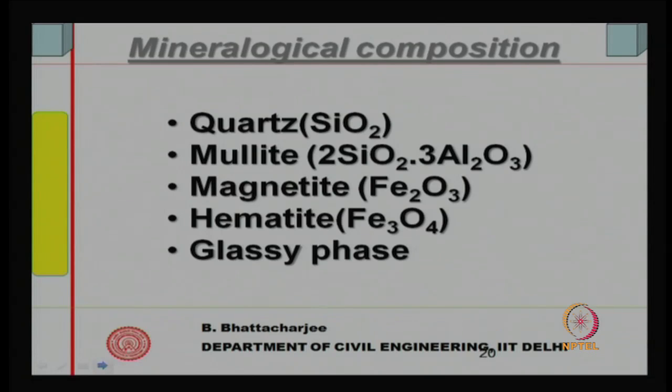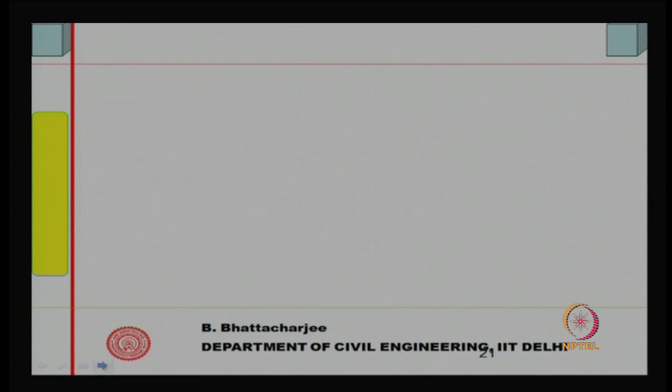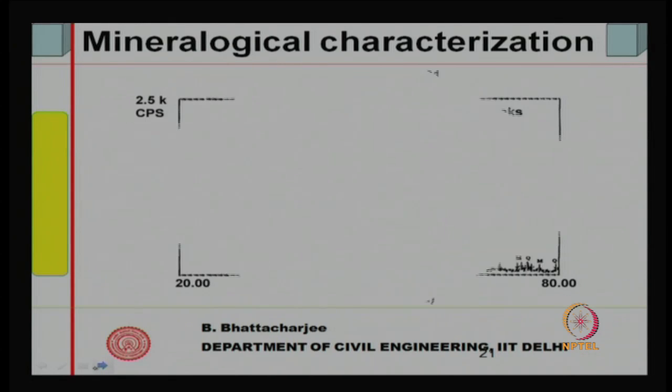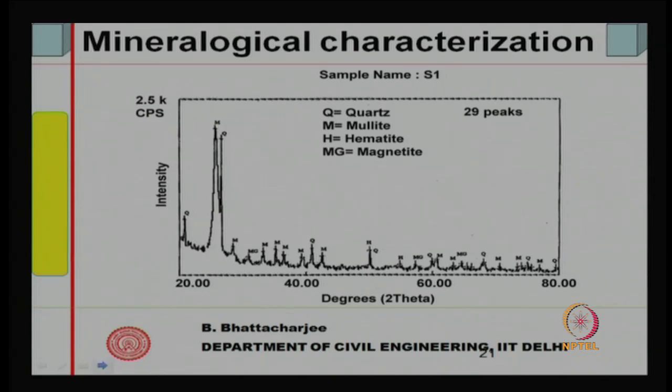The mineralogical composition, one looks at quartz, mullite, magnetite, hematite and glassy phases, because this is most important. So, these are the kind of minerals which are present, and one can obtain them from X-ray diffraction study. For example, this is for fly ashes. You can see that quartz is present, mullite is present, hematite and magnetite are present. So, Q stands for quartz. In X-ray diffraction, what do you do?